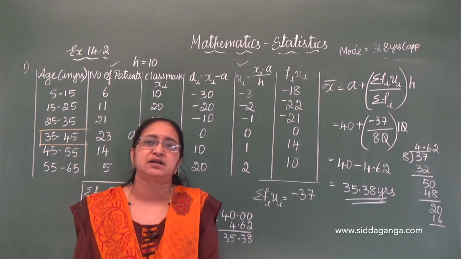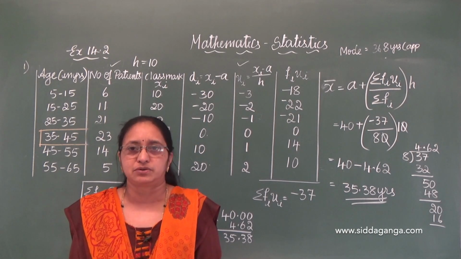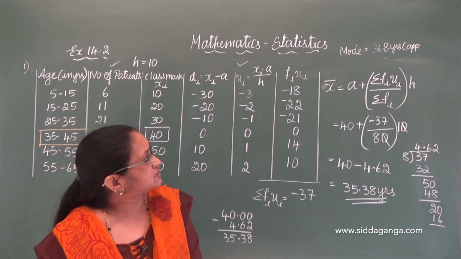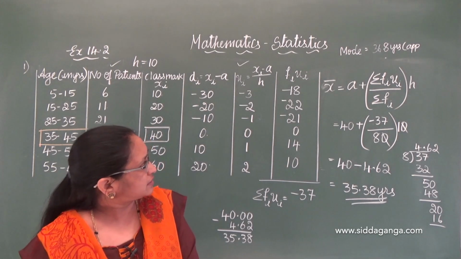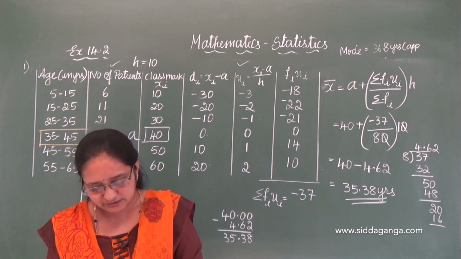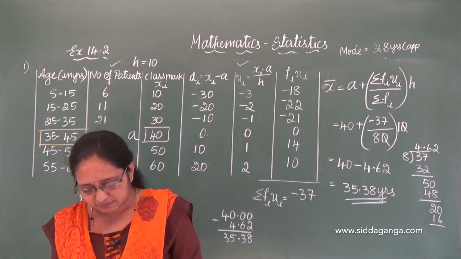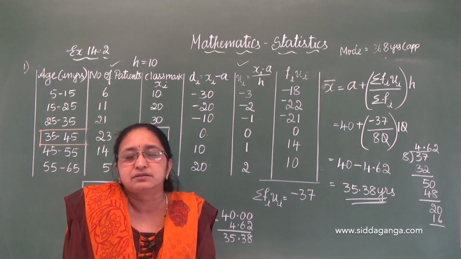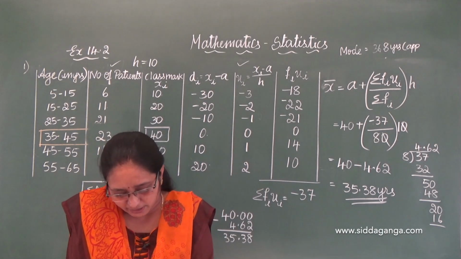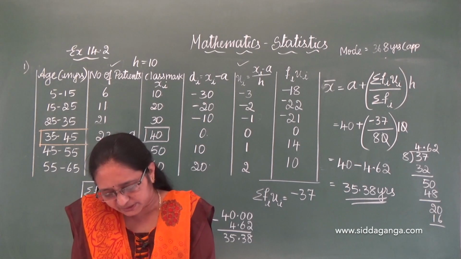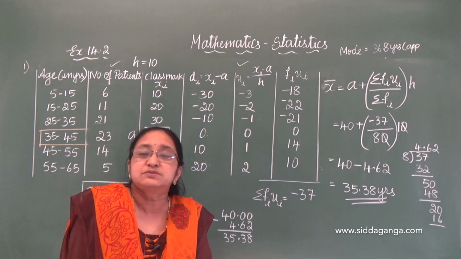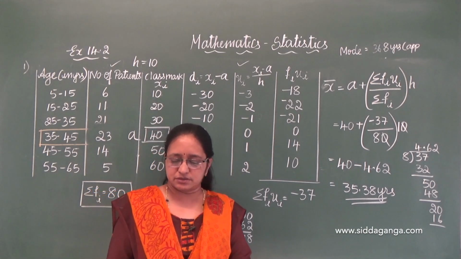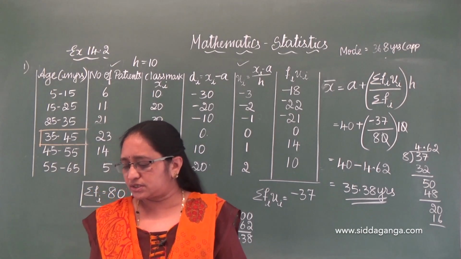Two measures means mean and mode. So here you have to write: mode is 36.8 years and mean is 35.38 years. The maximum number of patients admitted in the hospital are of what age? That is the mode.